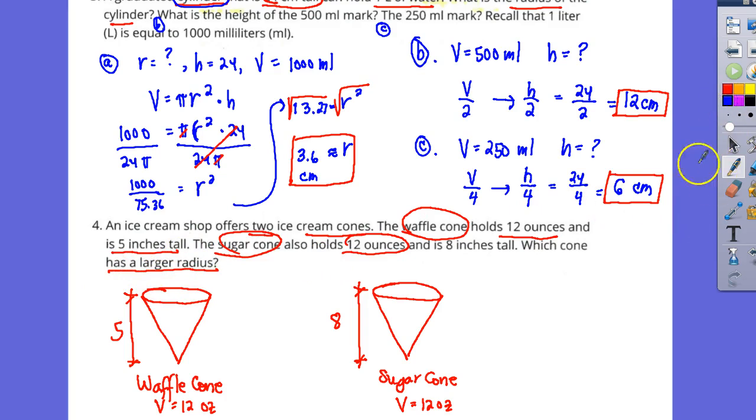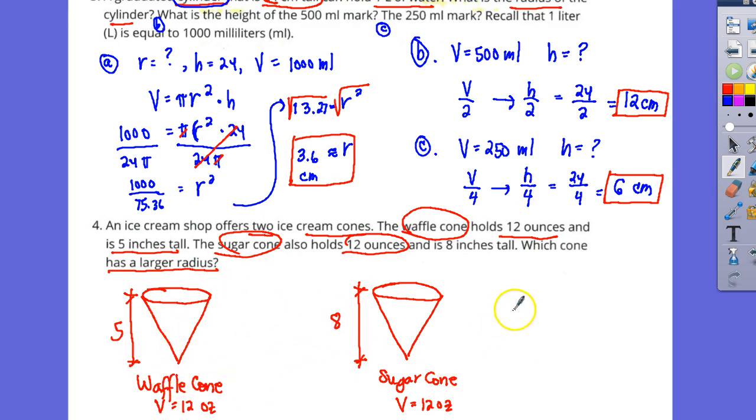Okay. They're telling you that they have the same volume, but they have different heights. We don't really have to solve for the radius, because they're just asking which cone has a larger radius. So let's just compare these two. Since they have the same volume, but different heights, this one has a smaller height. So for this to have the same volume as the sugar cone, we have to have a larger radius for the waffle cone, correct?